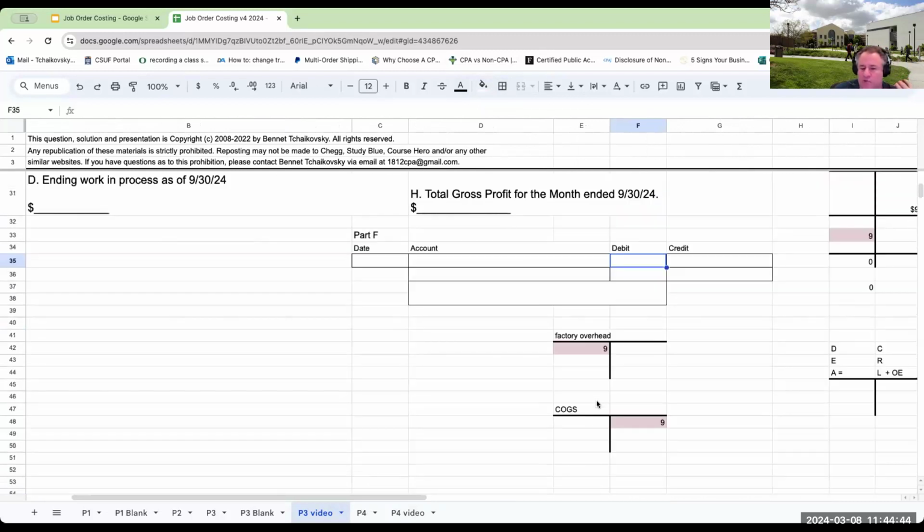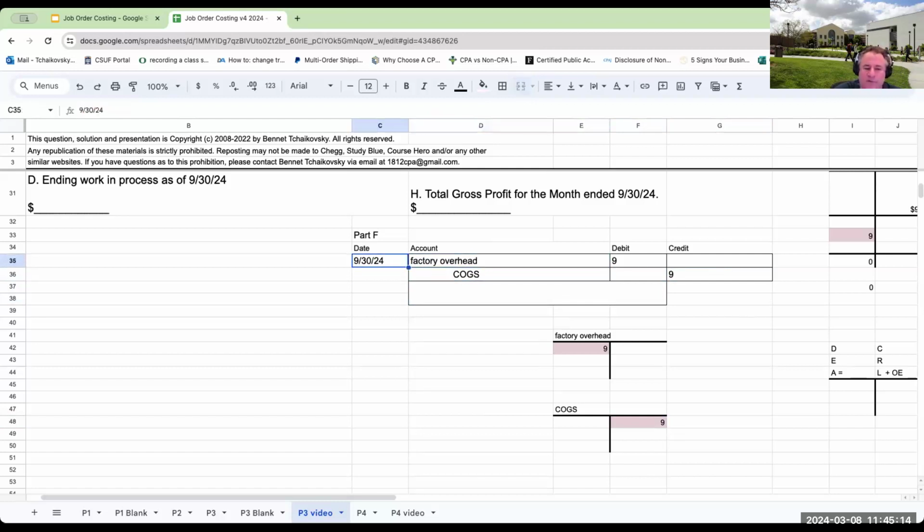If I need to translate a journal entry into a T account into a journal entry, I've got a debit to factory overhead. When I'm crediting cost of goods sold, because I'm indenting the credit, my account name, cost of goods sold, needs to be indented. If you leave it flush left, I will take points off your test. So don't make that mistake.